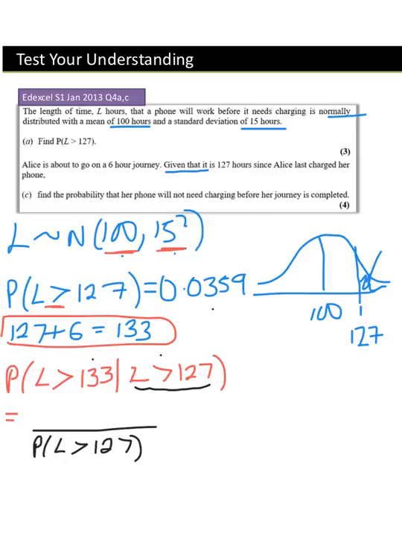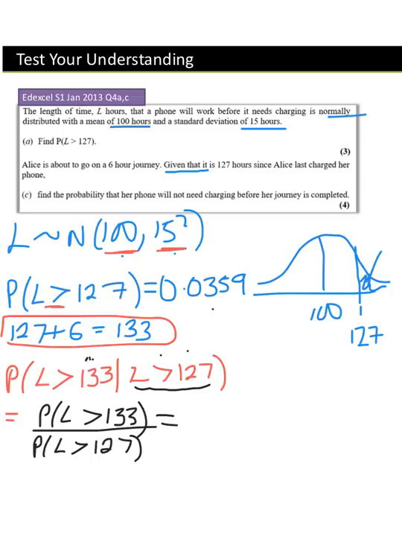If it lasts more than 133, it's lasted more than 127. So the intersection there is the probability that L lasts more than 133 hours. So using the normal CD button again, I can work out the top. So my lower bound is going to be 133.